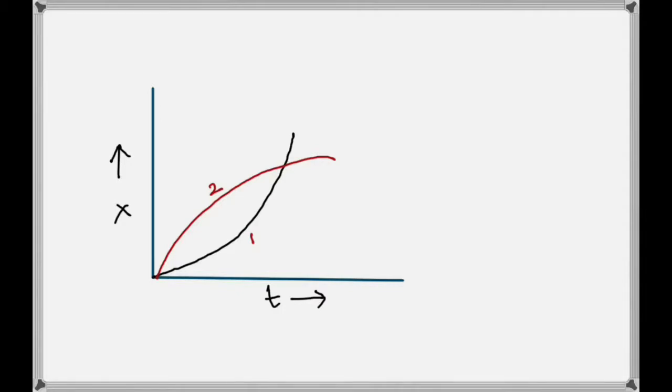If an object is going to the east and it's slowing down, then its acceleration is to the west. That should have made sense. Okay, hold on. If the object is going to the east and speeding up, then its acceleration is also towards the east. So if an object is slowing down, then its acceleration is opposite to the direction in which it is moving. That's what I said.